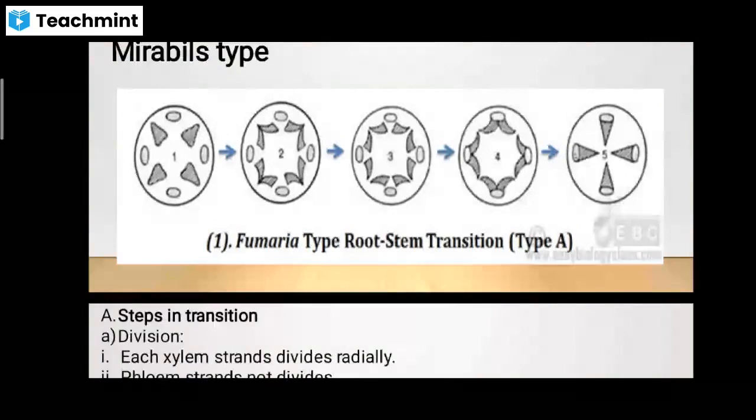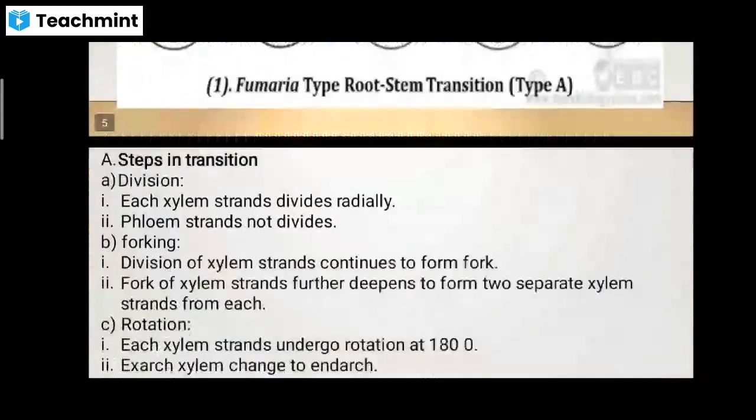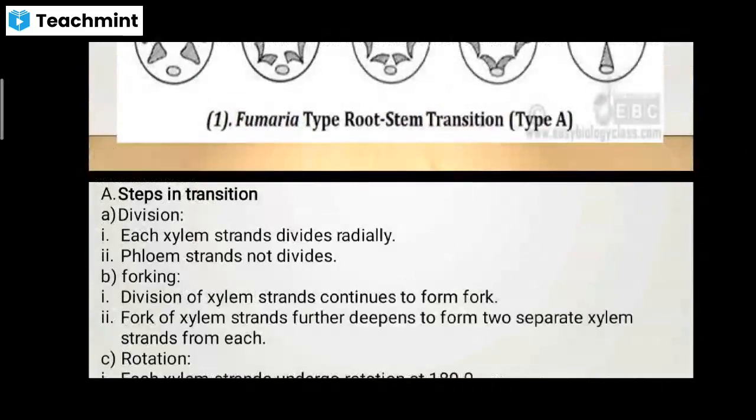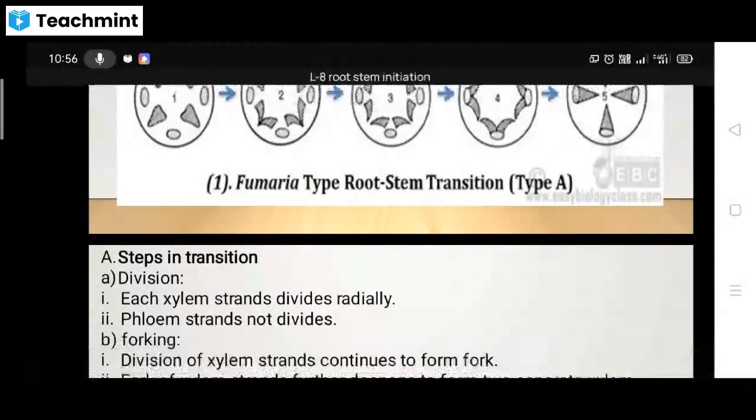This transition process takes place in four stages. First is division, then forking, then rotation, and the last one is fusion. In this way, the root-stem transition takes place in the case of the Fumaria type.